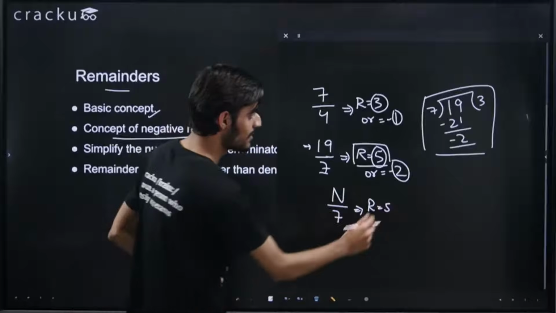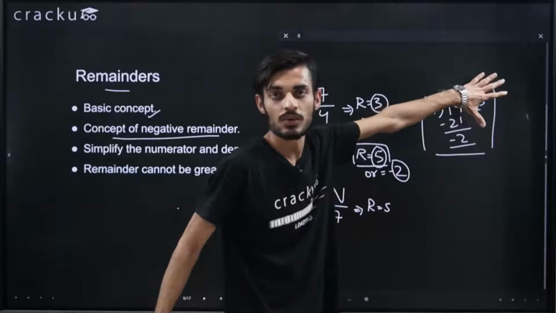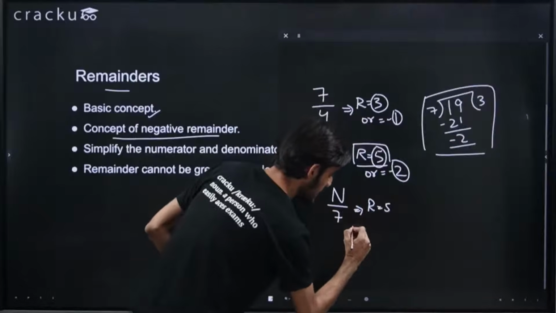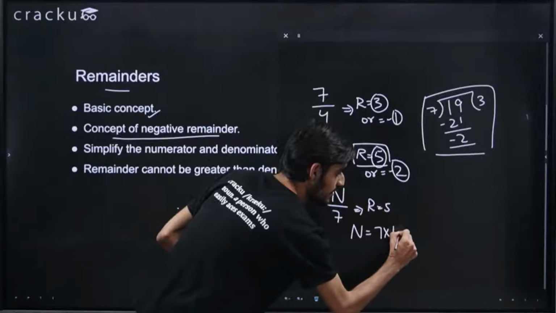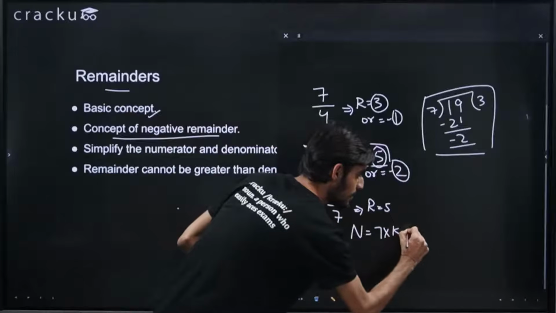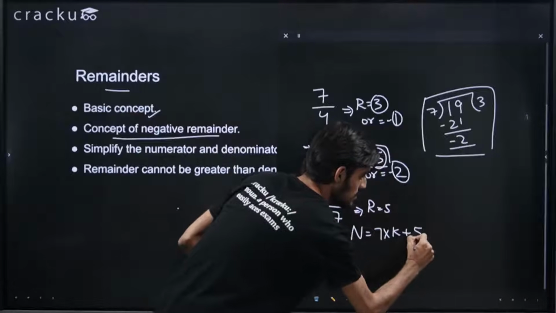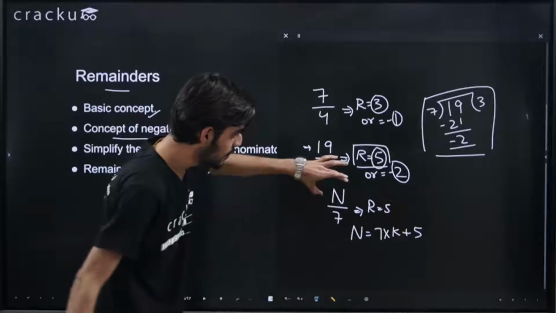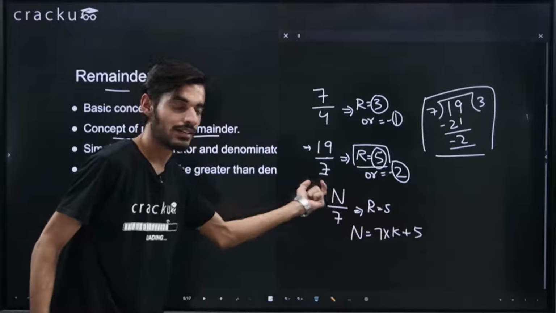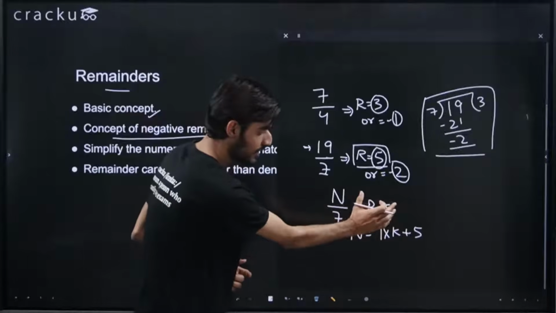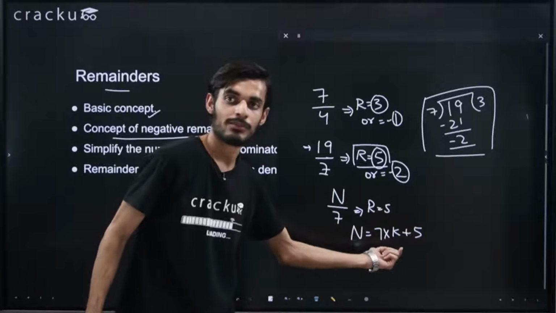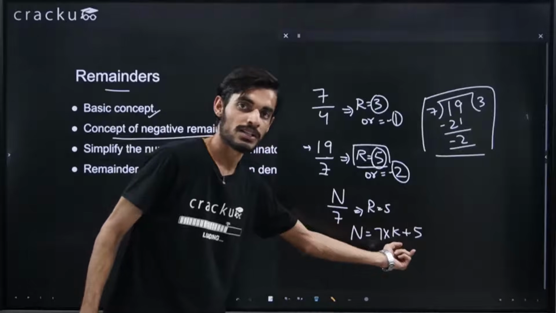So with the help of this calculation, because 3 is the quotient, we can write here that n is equal to 7 multiplied by some constant, that is the quotient, plus 5. Because we don't know the value of n, we can represent it in terms of the denominator as well as the remainder: 7 multiplied by some constant plus remainder.